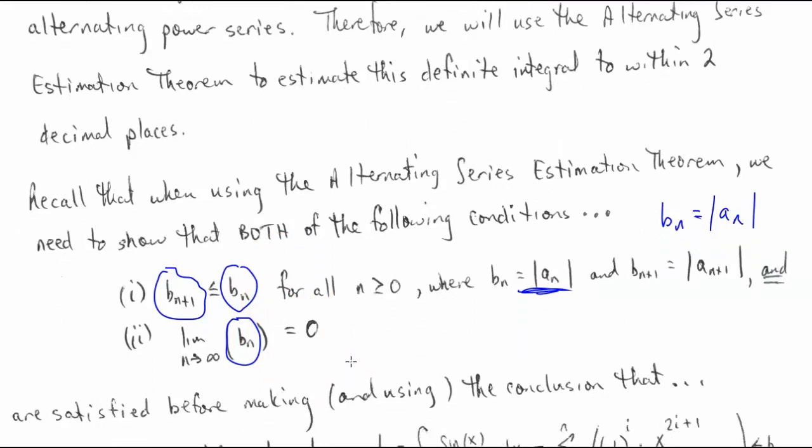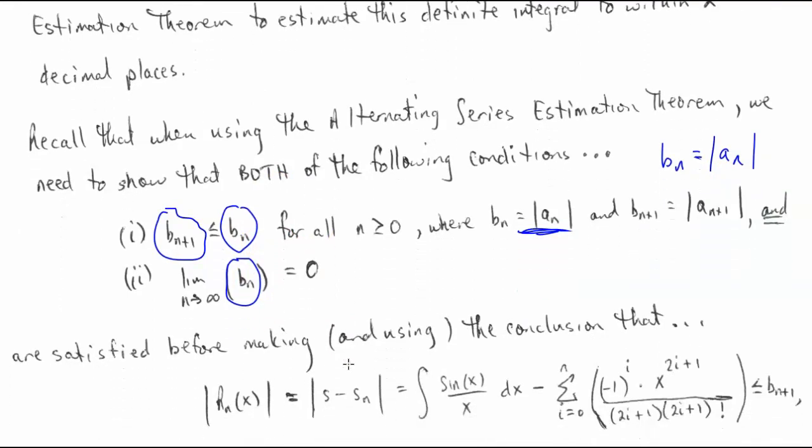So if we satisfy these 2 conditions here, then we know that the error, or the remainder, if we do the absolute value of it, of our approximation for the actual function sine of x over x by using it in a power series, that error is not going to be more than the b sub n plus 1th term, okay?